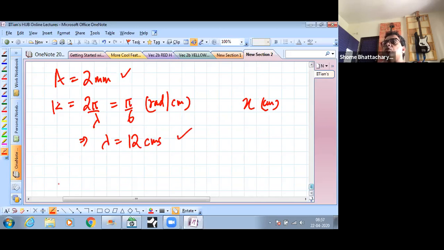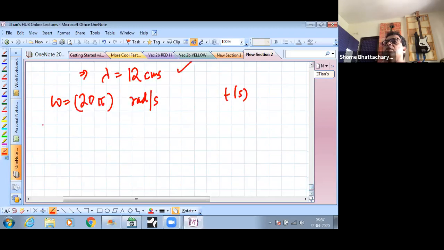Then our omega was, how much was it? 20 pi. But the unit was radians per second because time was in seconds. So further, you know that omega is 2 pi into frequency.